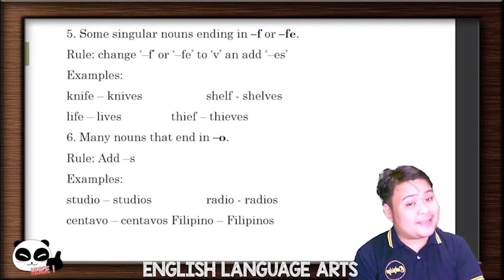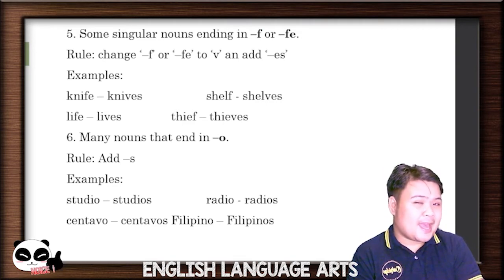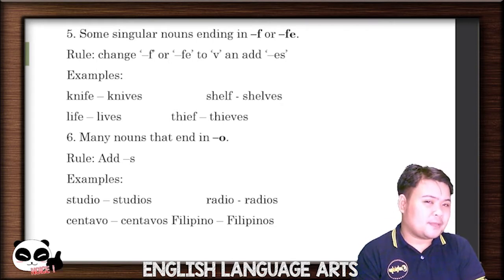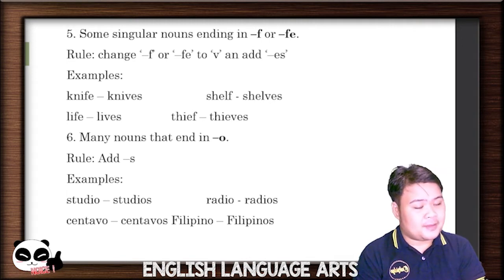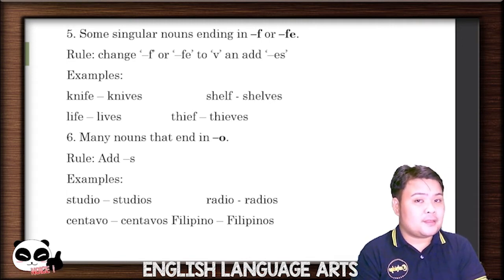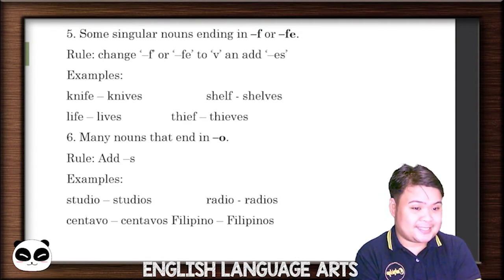If it ends in fe, change the f to v and then add s. Knife becomes knives, life becomes lives. Both end in fe, so change the f to v first and then add s. Shelf becomes shelves, thief becomes thieves. Shelf and thief both end in f, so change the f to v and then add es.